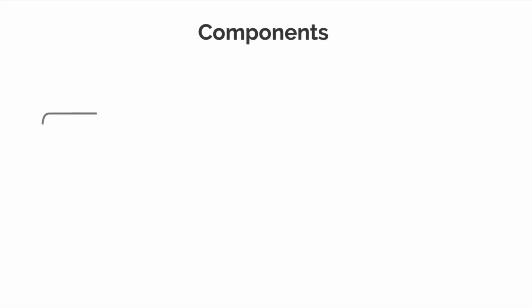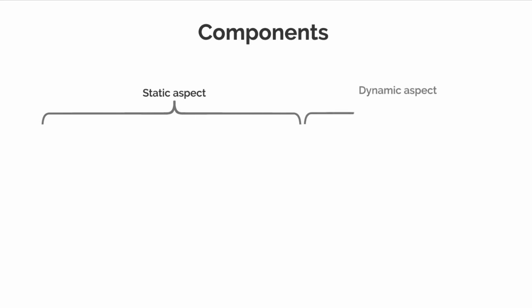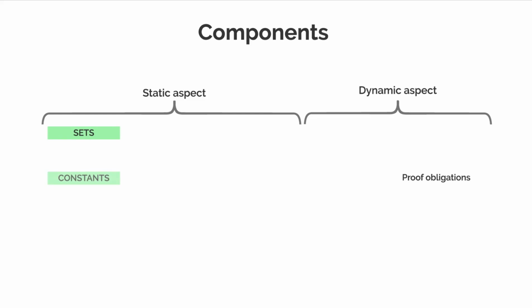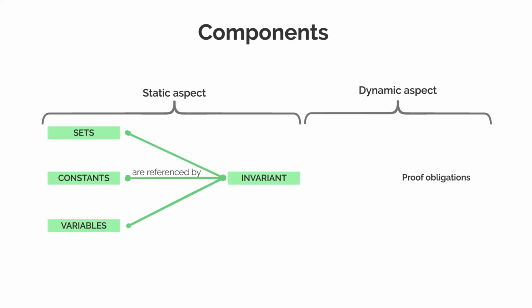A component has three aspects: a static aspect, dynamic aspect, and proof aspect. Static aspect with the definition of the subsystem state space, sets, constants, and variables, and the definition of static properties for its state variables, the invariants.